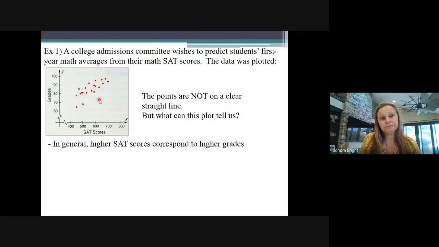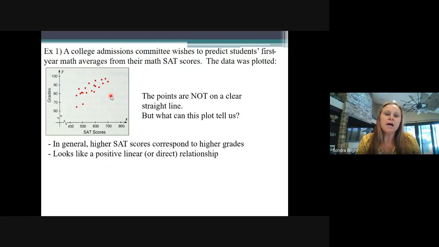So in general, not always, the higher SAT score corresponds to a higher grade. It definitely looks like a positive relationship, meaning as you go right, you're going up. And it's not all curvy. It kind of looks like it's going in a straight line, or it's a direct relationship.